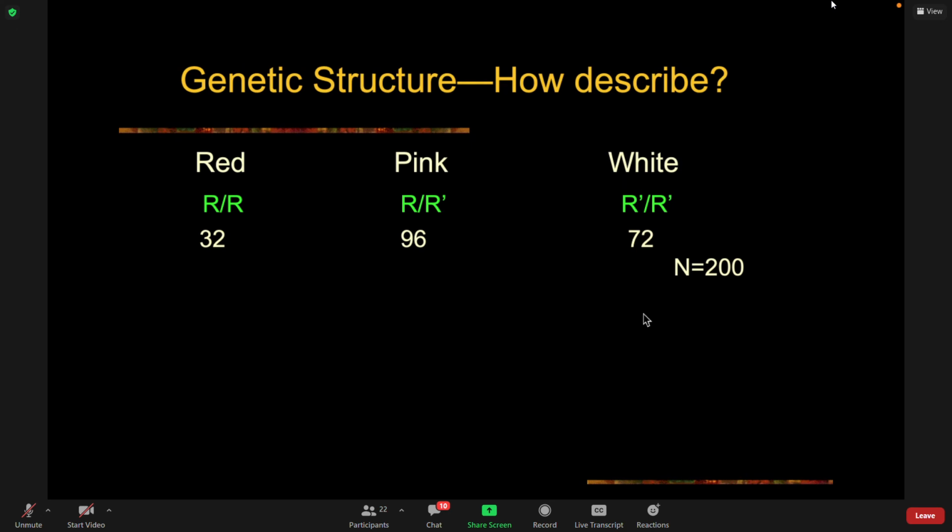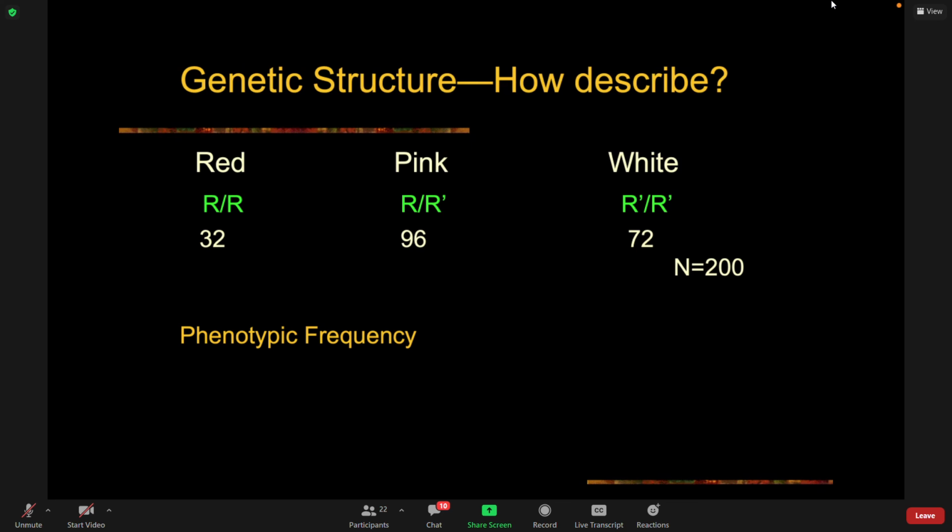Now, based on this data, we can calculate what's called the phenotypic frequency of our population. Unlike when we studied Mendelian genetics last semester, where we were making predictions as to the ratios from 2 breeding individuals, here we're looking at the structure of the whole population.